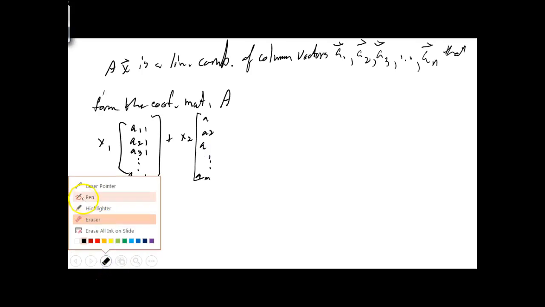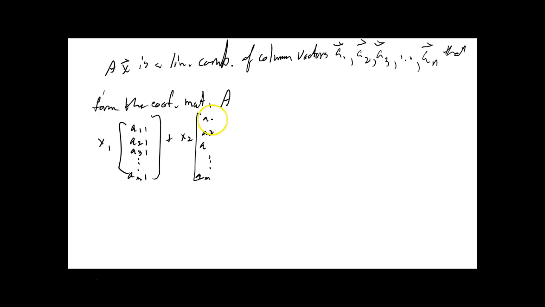All right, let me try that one more time. A sub 1, 2, A sub 2, 2, A sub 3, 2, down to A sub m, 2. Okay? Plus x sub 3 times the column vector A sub 1, 3, A sub 2, 3, A sub 3, 3, dot, dot, dot, down to A sub m3.